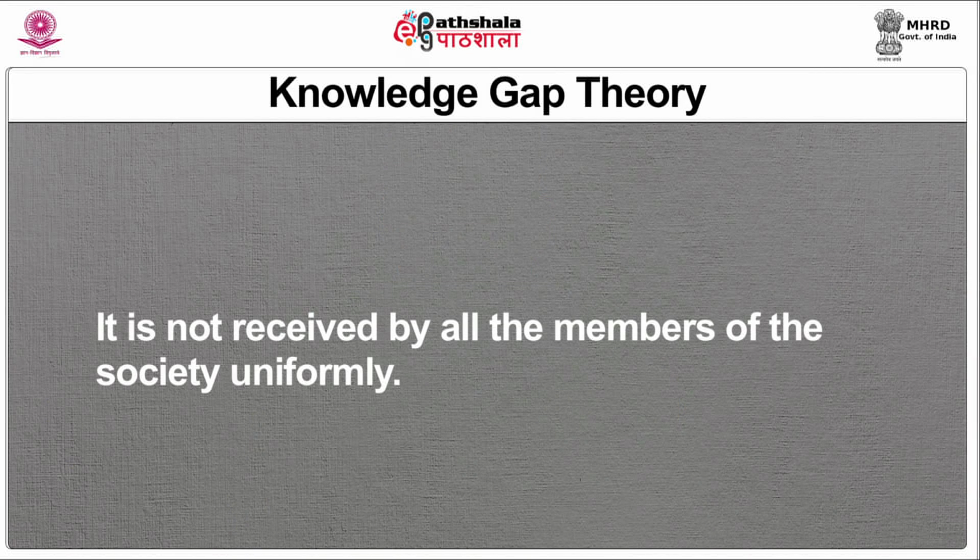from higher socio-economic status and those from lower socio-economic status. When some new information enters a social system through a media campaign, it is not received by all the members of the society uniformly.